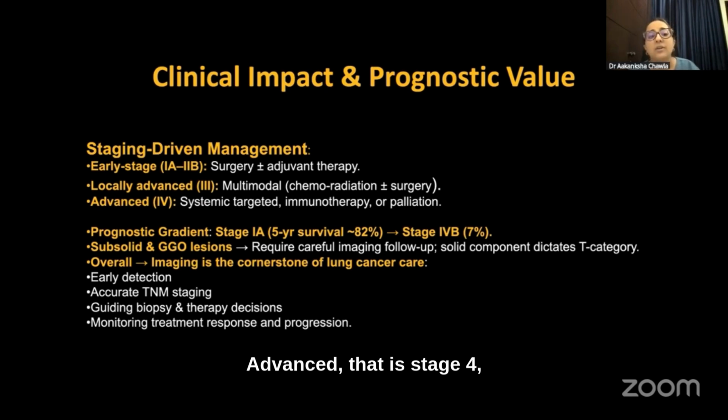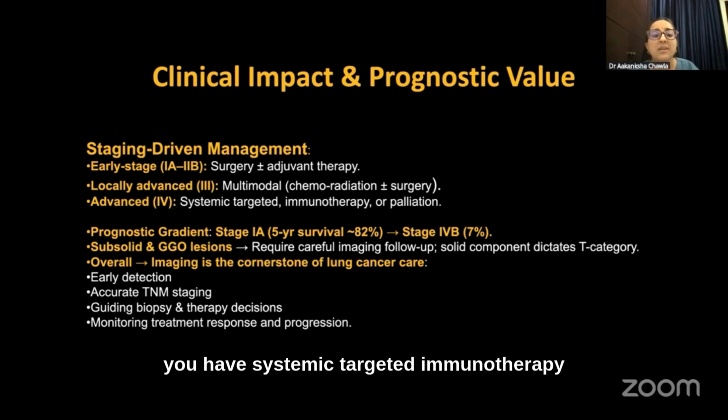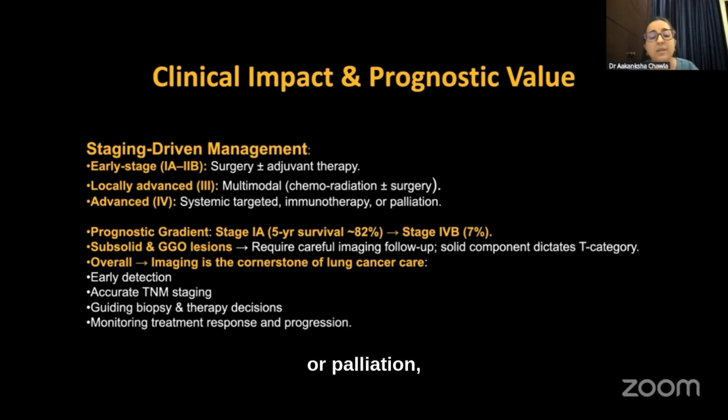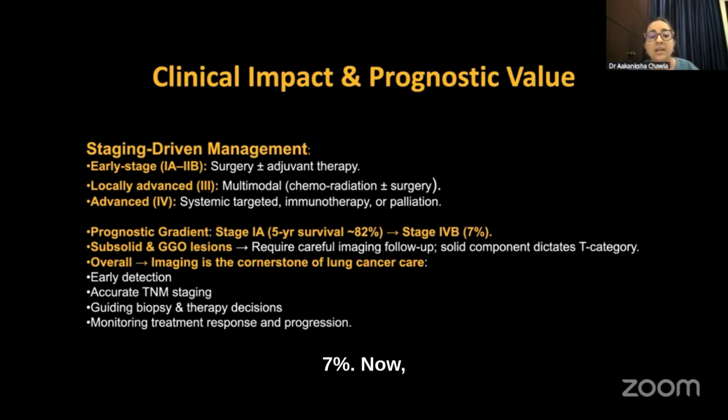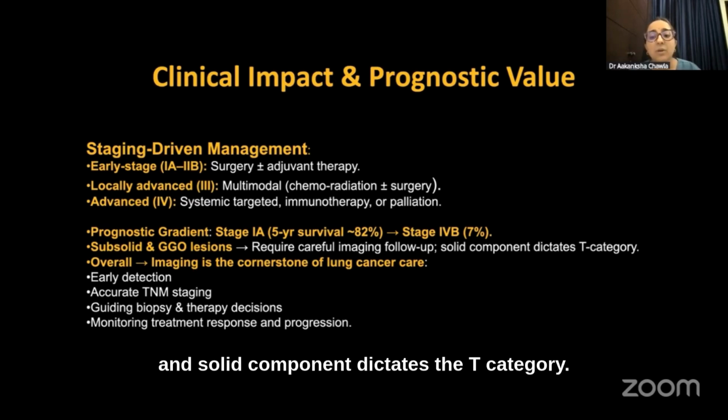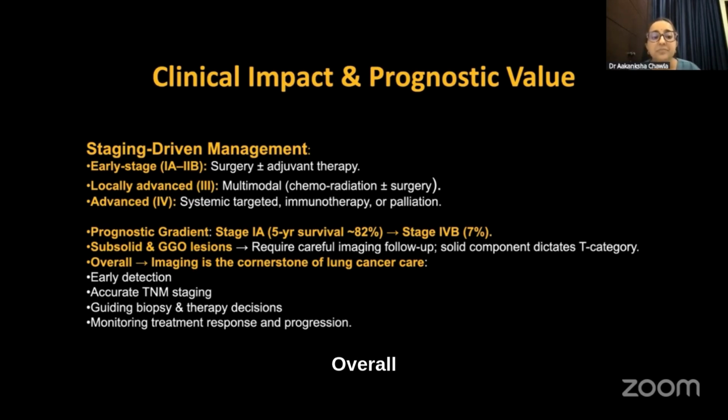Advanced, that is stage 4, you have systemic targeted therapy, immunotherapy, or palliation depending upon the patient's presentation. Stage 1A has a 5-year survival of almost 82%, and stage 4B has a survival as low as 7%. Now, subsolid and ground glass lesions require careful imaging follow-up, and the solid component dictates the T category.